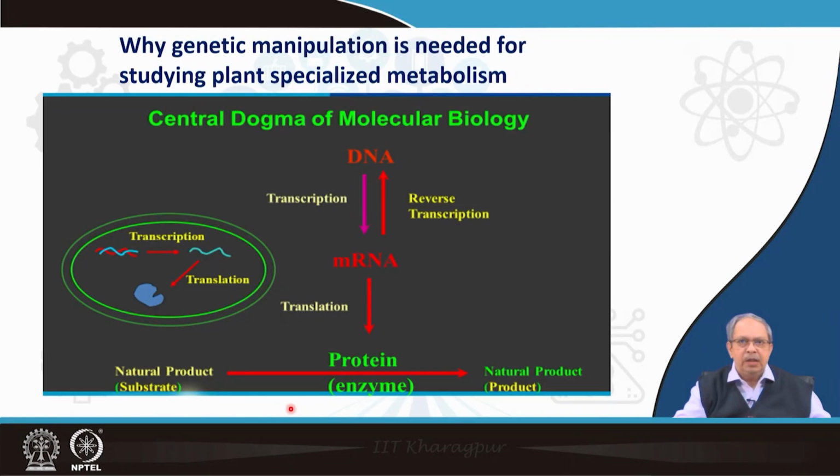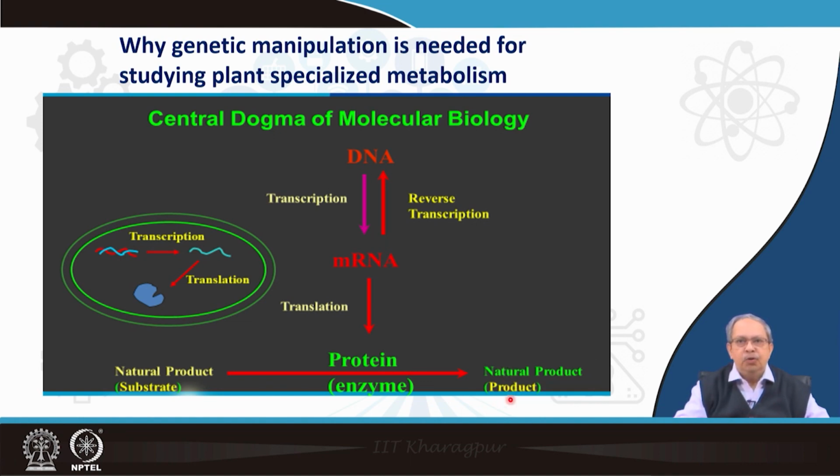The first question is why genetic manipulation is needed. What is clear to you is that in this course we are dealing with the formation of specialized metabolites or natural products, which are useful to us either for medicinal purposes or for other purposes. So the most important part is that we are dealing with the product.